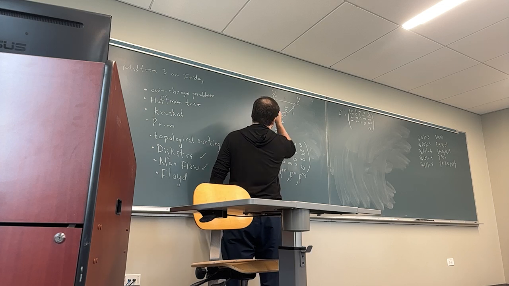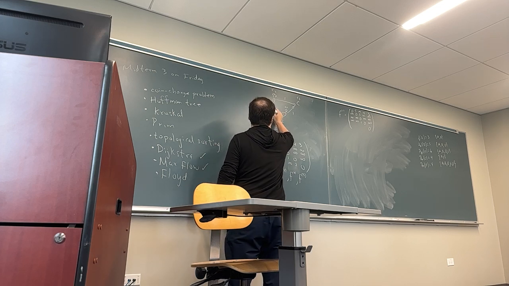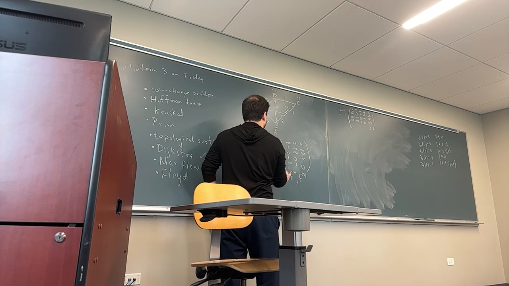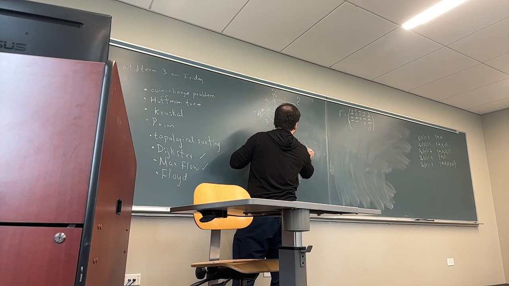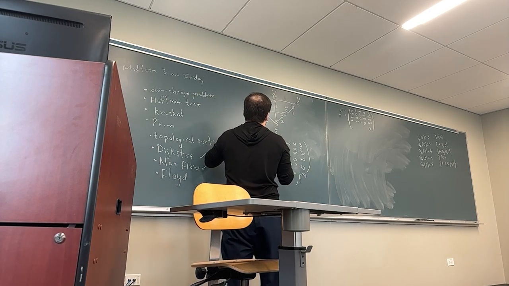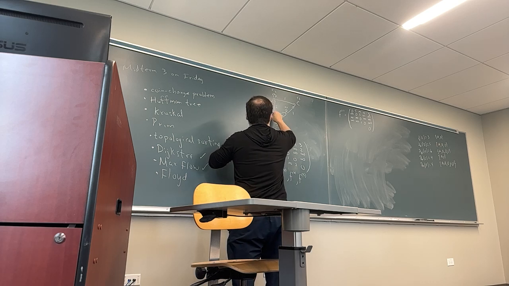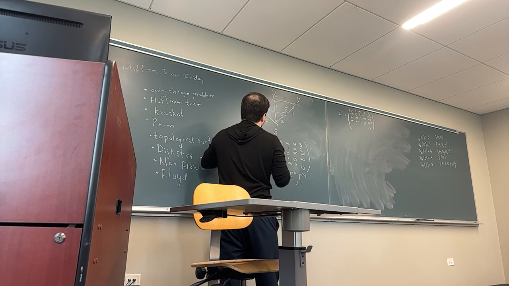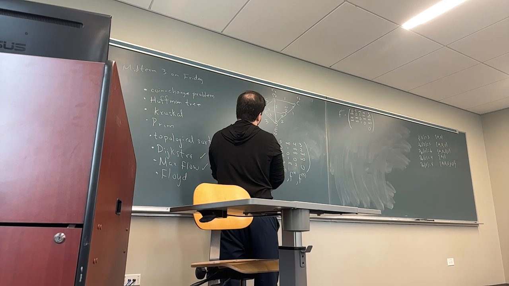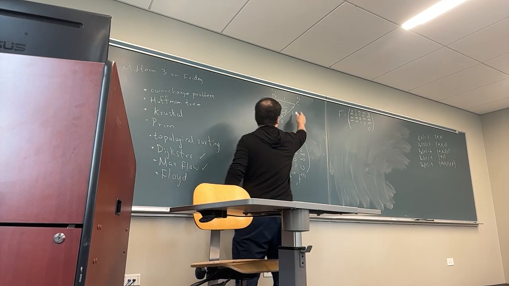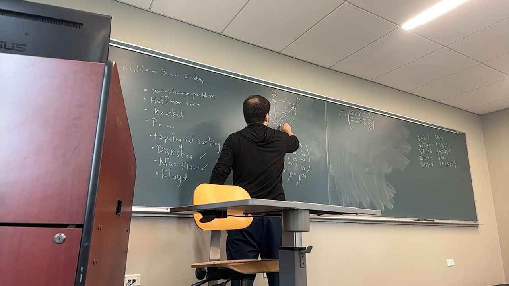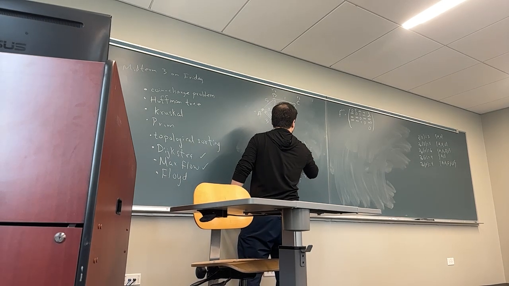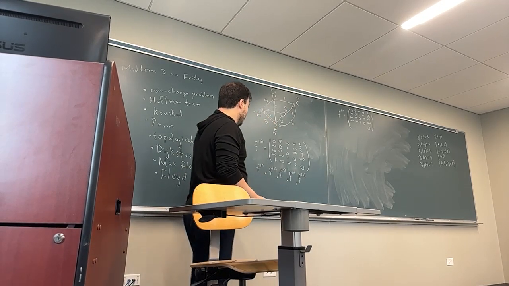Let's add some back arrows. Here let's do a 2, so beta E. And let's also go back here, beta A. And maybe let's connect C to E. Okay, so this is slightly more interesting.